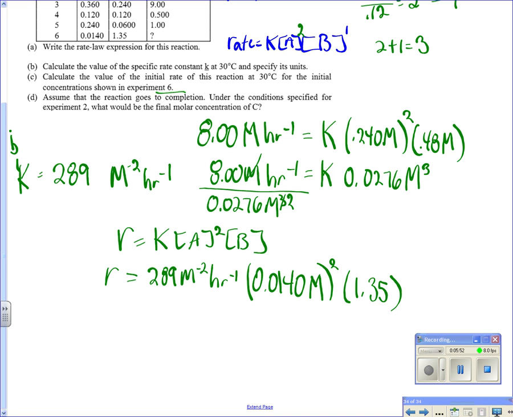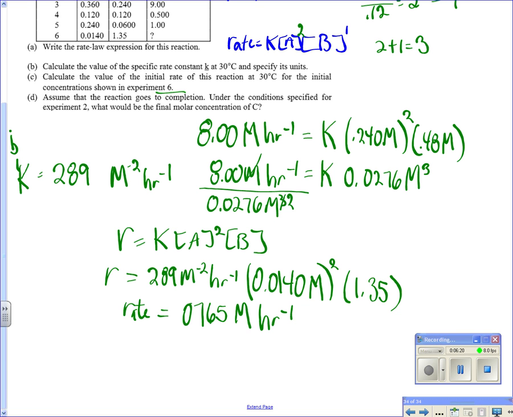When you do this, you end up with the answer 0.765 molarity hours to the negative 1. And that's going to be the rate of the reaction.